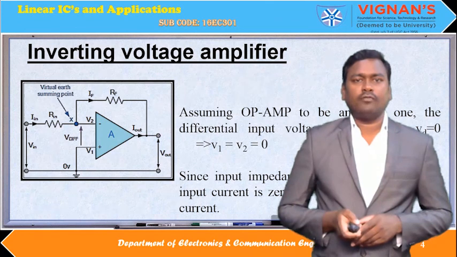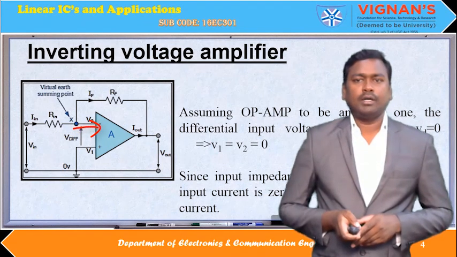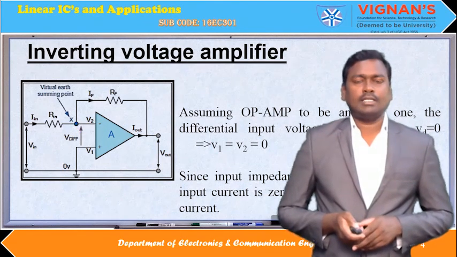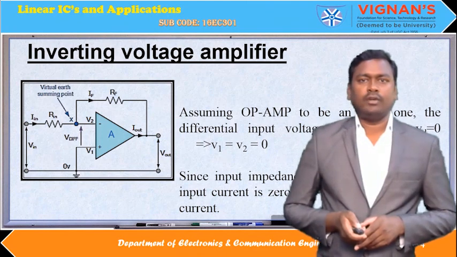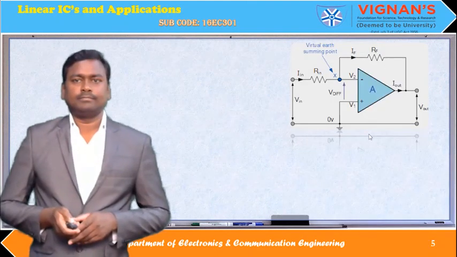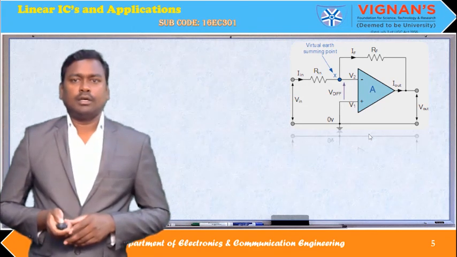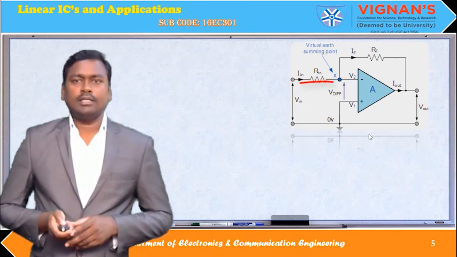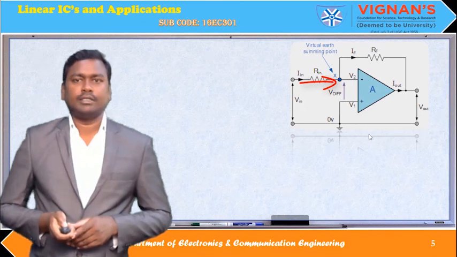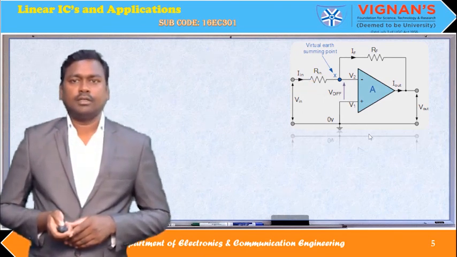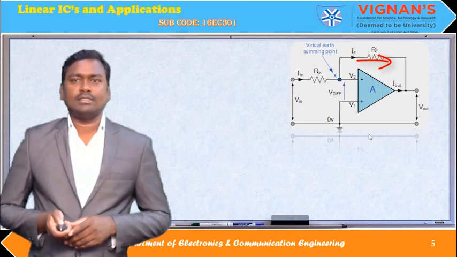Another ideal condition of op-amp is high input impedance. Due to high input impedance, op-amp doesn't sink any current. Let's see the gain calculation of inverting amplifier. In this circuit, IN is assumed as the current which is flowing in Rin, and IF is assumed as the current which is flowing in RF.